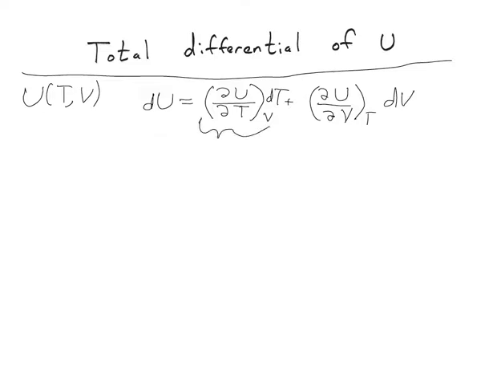This term we call C sub V because it's constant volume, and we call it the constant volume heat capacity. You may have heard of CV before in physics class.